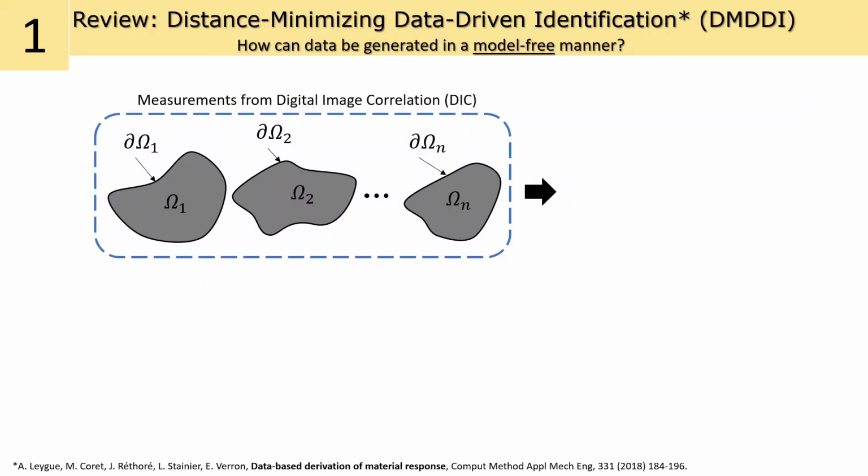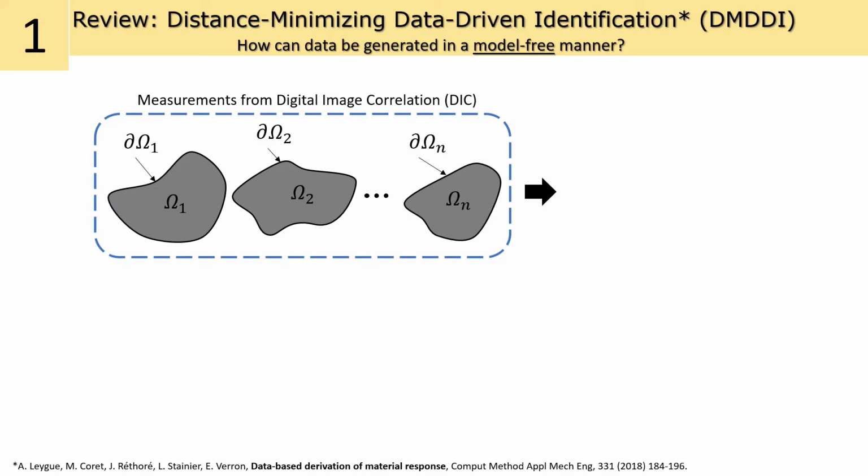Well, in 2018, Leygue et al. introduced the DMDDI method, which allows to build material data in a model-free manner. Given a set of mechanical problems subjected to different boundary conditions, we can measure the mechanical strains associated with them using digital image correlation.